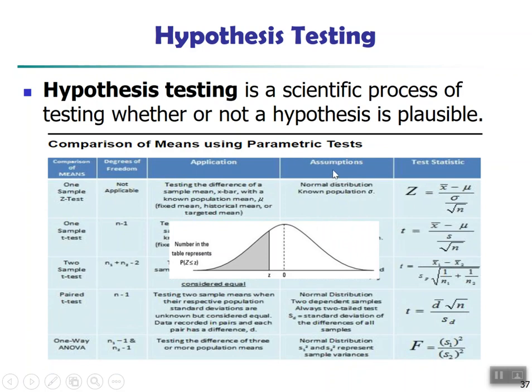When you do statistical analysis, you must check them and make sure you meet those assumptions before you actually run the test. For example, the one-sample z-test we just performed requires data to be normally distributed, a known population standard deviation, and a sample size greater than 30. If you don't meet all those criteria, you should not use this z-test. The t-test and all the other tests all have those assumptions. You need to check every one of them before you use them.